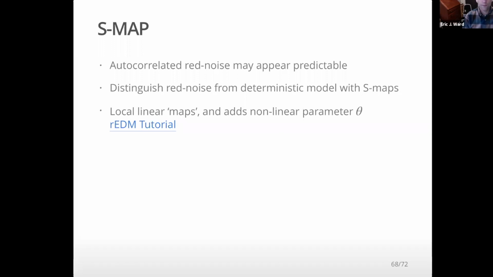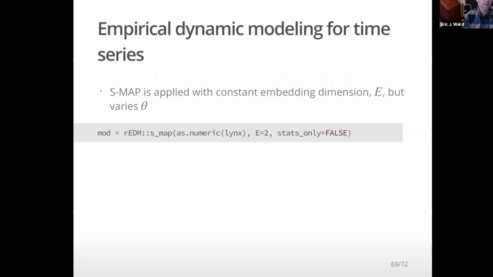It uses a series of what are called local linear maps, and it just adds this extra parameter theta. This is all described in detail in the rEDM package and tutorial, so I'll let folks work through that on their own if they're interested.